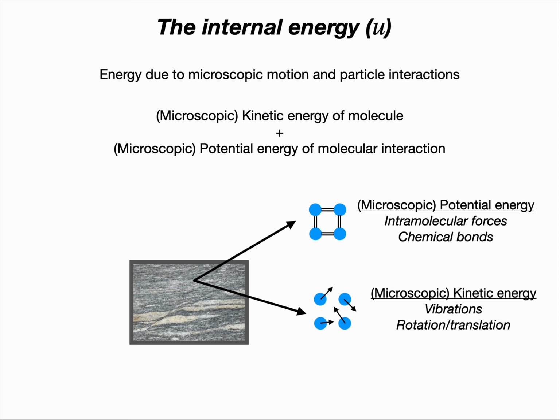These are microscopic potential energies. One is linked to the chemical bonds, and one is linked, for example, to the vibration or the rotation and translational motions at the microscopic level. So these are two components of the internal energy.